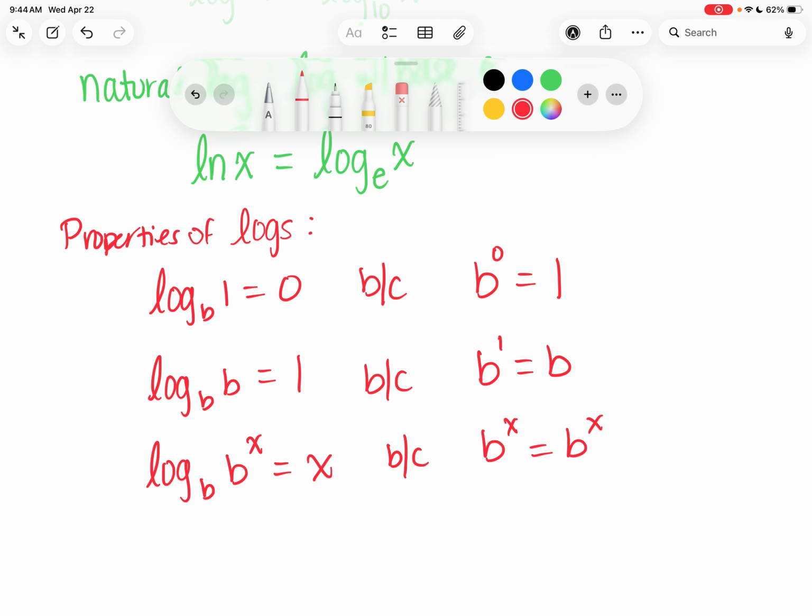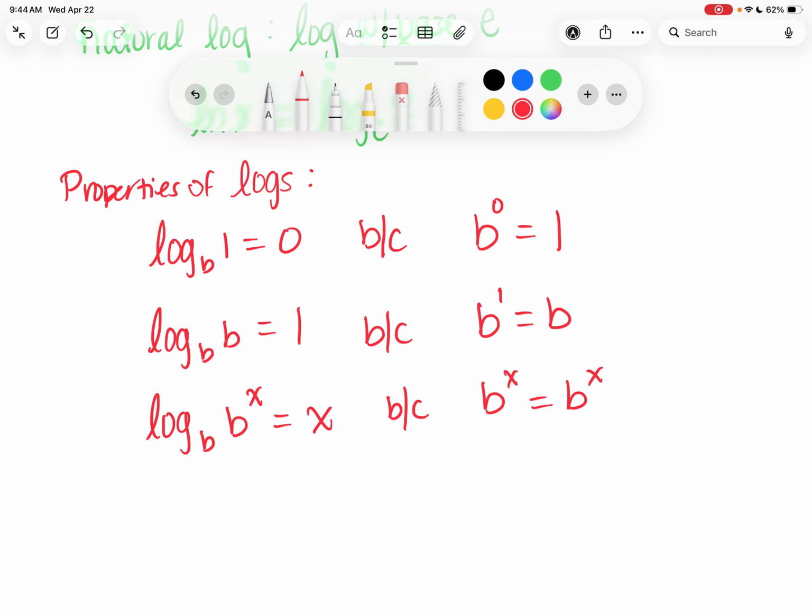If the bases are the same, then their exponents have to be the same. And then the last one is b raised to the log base b of x is also equal to x because these things cancel.